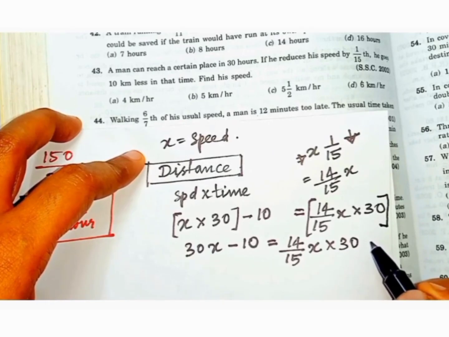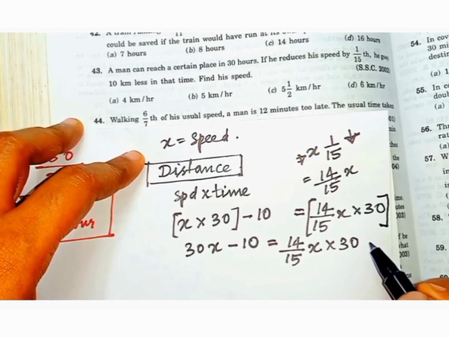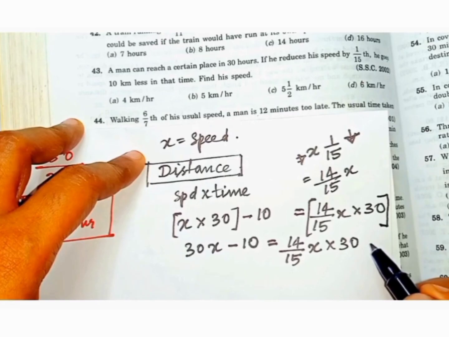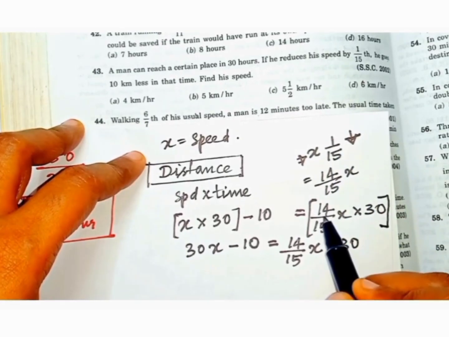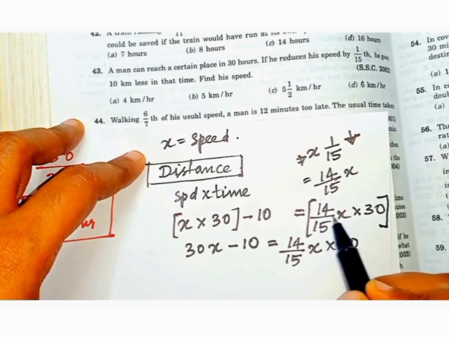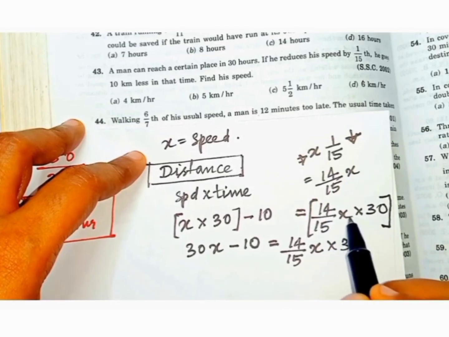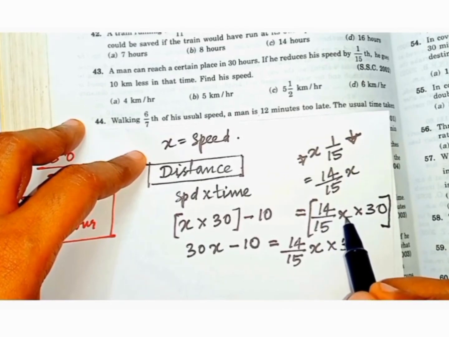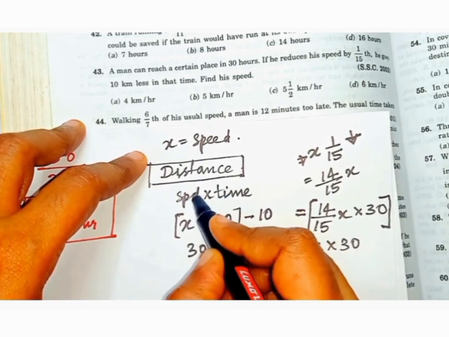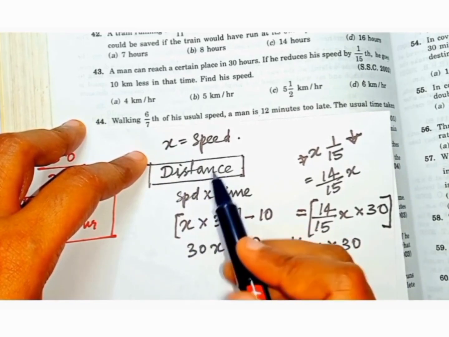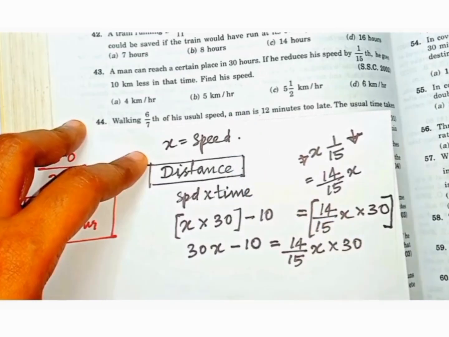And just to say that this might be confusing when you are trying to solve the problem in the exam hall, as you might end up directly putting his reduced fraction and not his speed after reduction, which has to be considered for calculating this speed. And that is why the question is asking for speed.